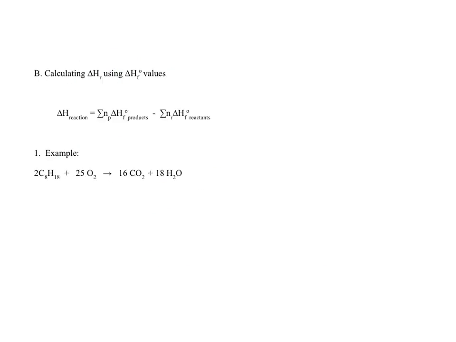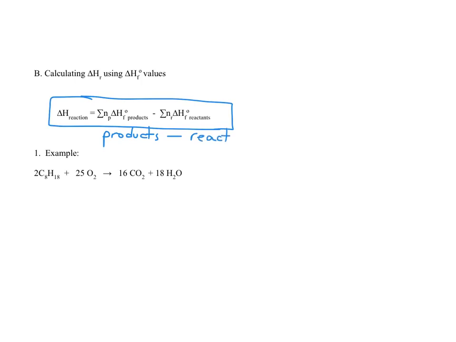This is our equation for using enthalpy of formation values. Looks super complicated, but it's actually not as bad as it looks. What you really mainly need to know as far as memorizing this equation is we're going to be taking all the enthalpy of formation stuff from the product side and subtracting all of the enthalpy of formation stuff from the reactant side.